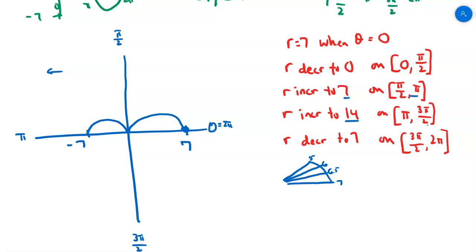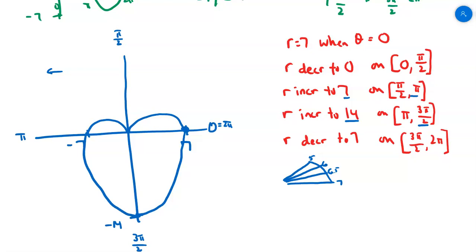But 14 in which direction? 14 in the direction of 3 pi over 2. Well, in the direction of 3 pi over 2 is negative, so I'm going to increase until I get to 14. And then the radii are going to start decreasing again. So if the whole thing is 14, the next one will be 13 and 12 and so forth until I get back to a radius of 0.